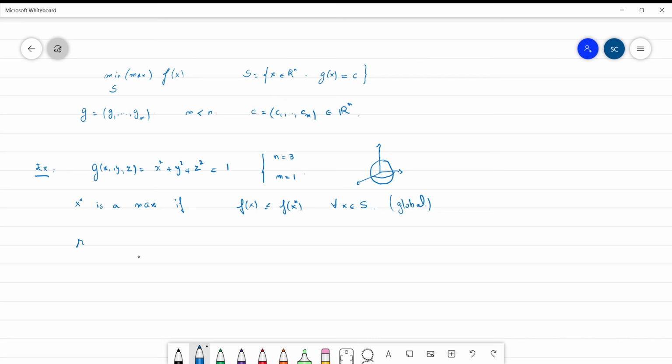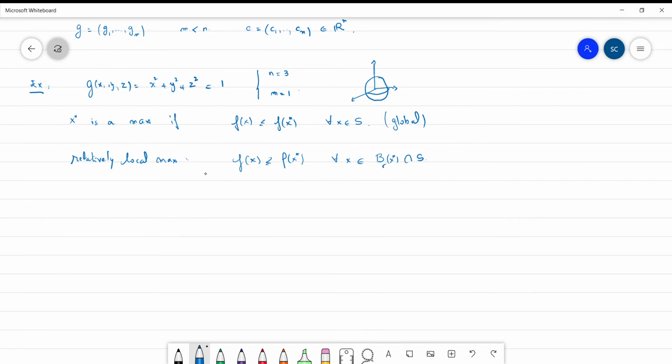For a relatively local max, we need to check f(x) less than f(x star) for any x in a ball centered at x star with a reduced intersection with my set S. Here it becomes more complex to explain.